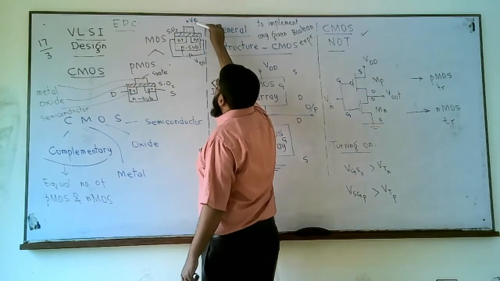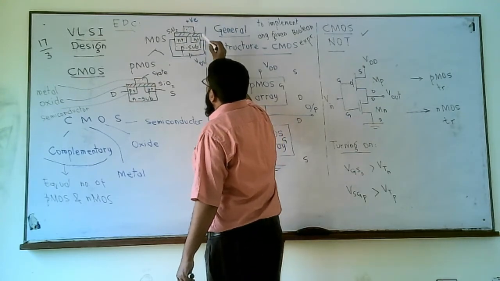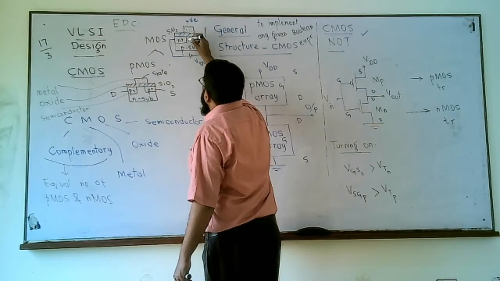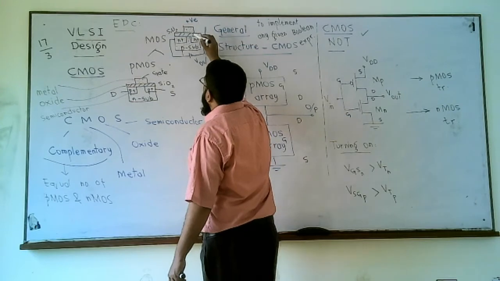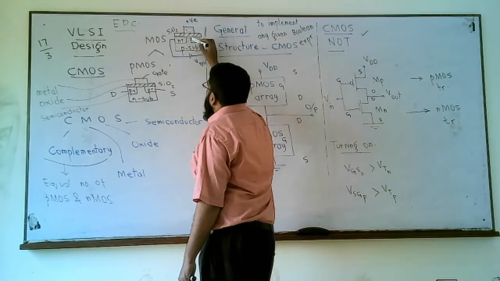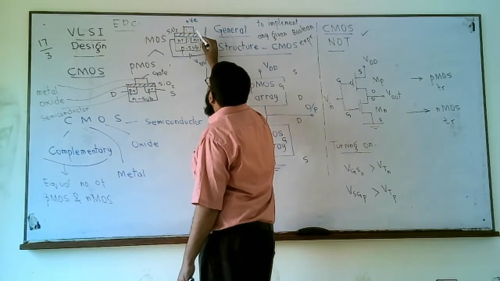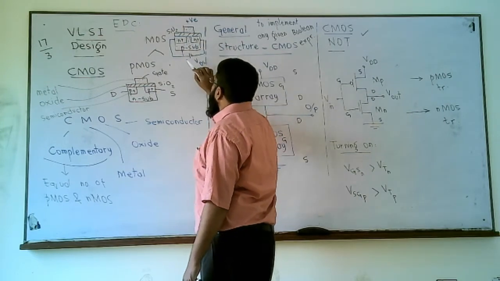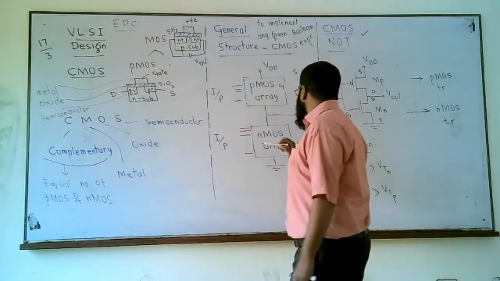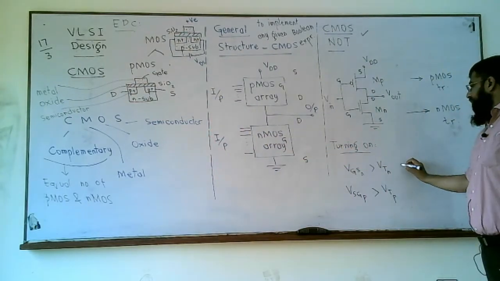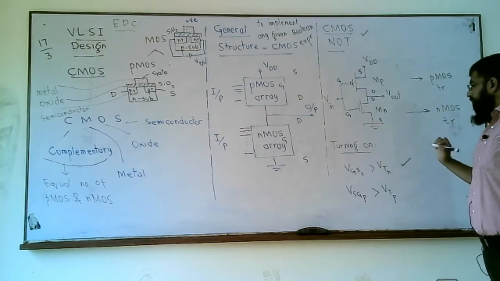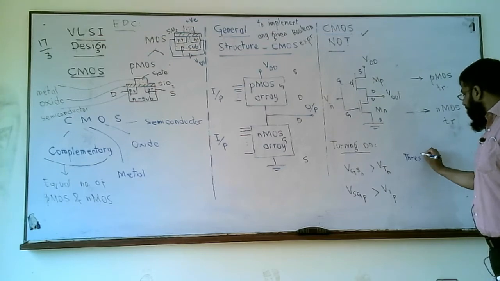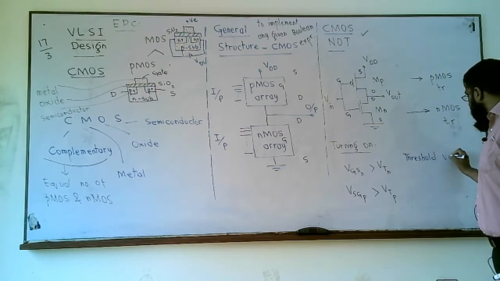For that we apply a positive voltage here, and these minority carrier electrons are attracted into the channel, and as we increase the magnitude of this voltage, the number of electrons that gather in this channel increases, and once they are sufficient in number to set up a current flow between drain and source, we call that gate to source voltage the threshold voltage. So this is the threshold voltage VTN.